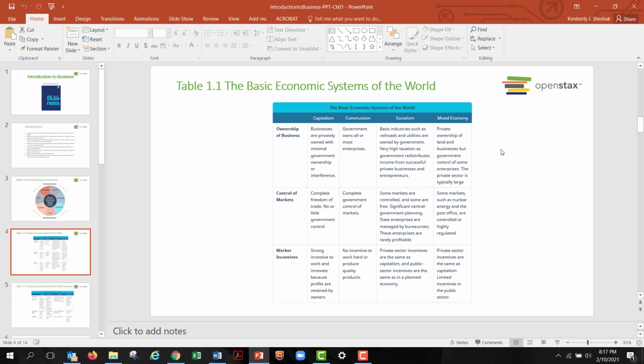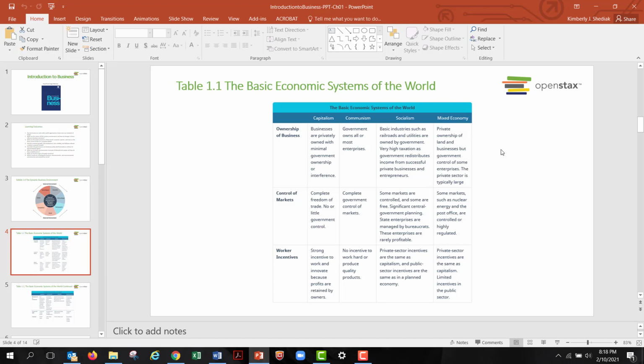For example, under capitalism, we can see that businesses are privately owned with minimal government ownership or interference. How does this then affect the control of markets? We see complete freedom of trade, no or little government control. Worker incentives, we see a strong incentive to work and innovate because profits are retained by owners.